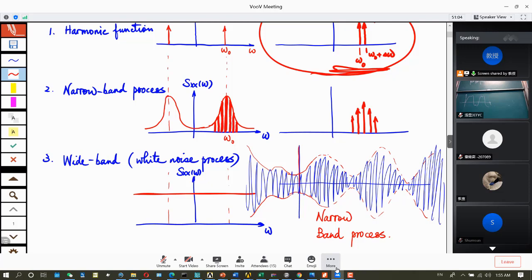Okay, so it has an envelope. This is called an envelope, or 包络线. Okay, it has an envelope, and the envelope varies slowly.